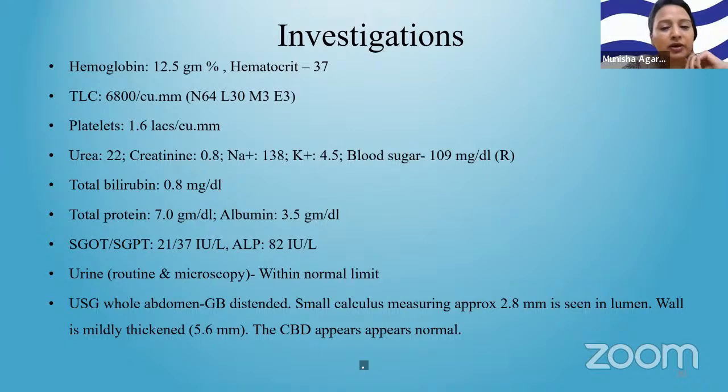Amit, sorry, just to interrupt, I just wanted to mention that for any case, when you are asked anesthetic considerations, it is good to divide your considerations under three heads. First, considerations related to the surgical procedure. Here we are doing laparoscopic cholecystectomy, and the subheadings will be these three as mentioned by Dr. Amit.